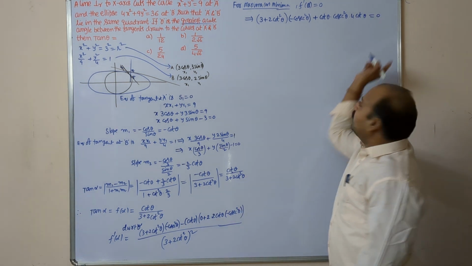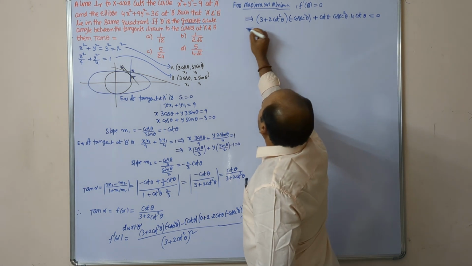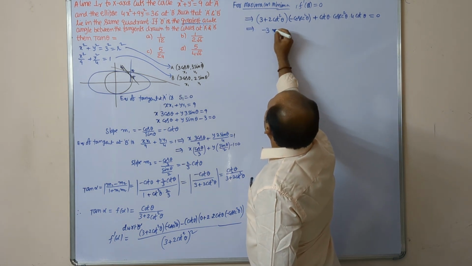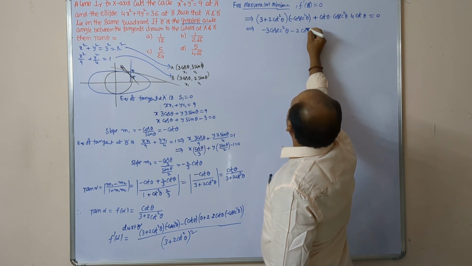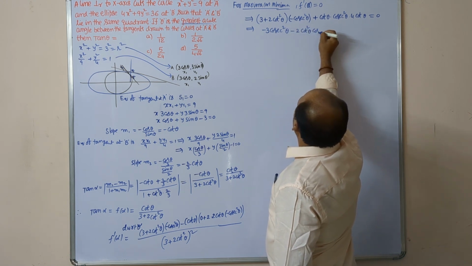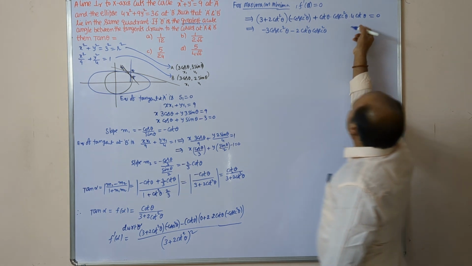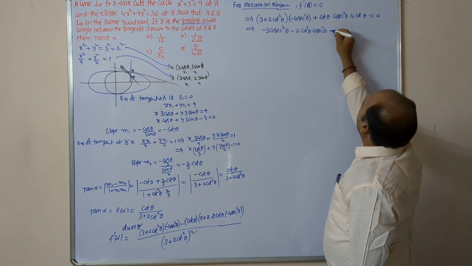The denominator also I am going to take this side. So 1 by 1 simplify. Minus 3 cosecant square theta minus 2 cot square theta cosecant square theta, so here also plus.